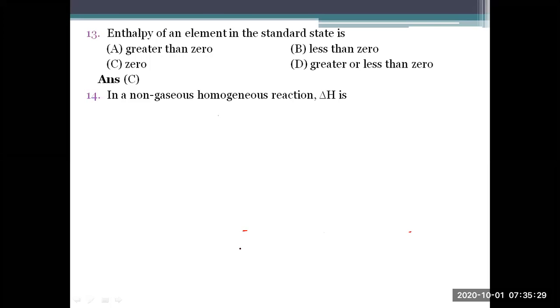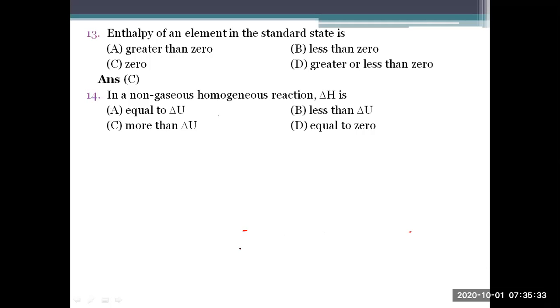In a non-gaseous homogeneous reaction, delta H is equal to delta U, less, more. What is correct?